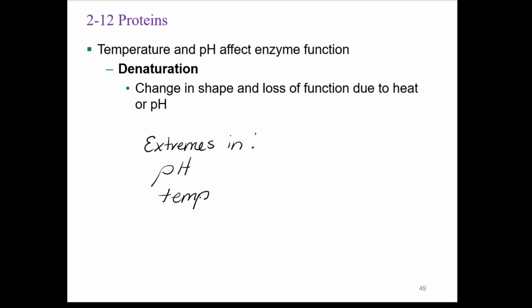Temperature, which again could be too hot or too cold. UV light. And salt levels. If any of these are out of normal range, it can cause a protein to become permanently or temporarily denatured, which means that it will lose its shape.